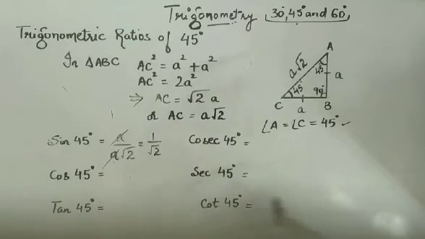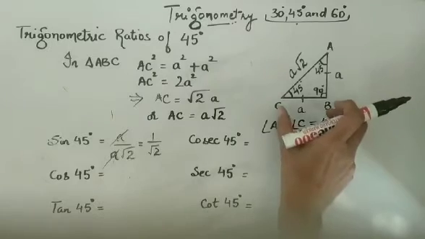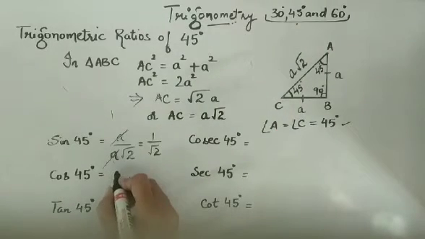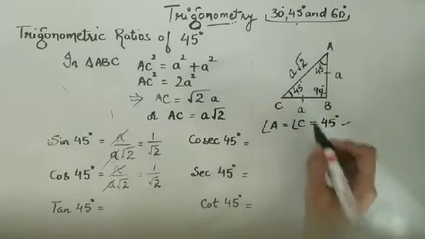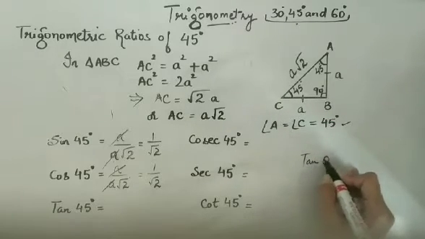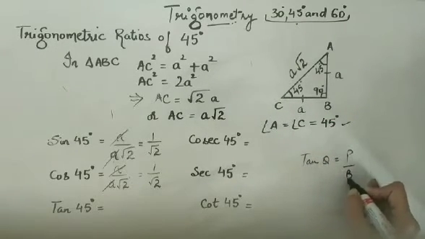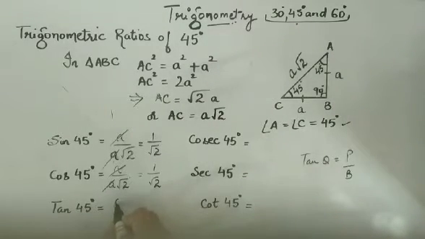Cos 45 is base by hypot. Base is A units. Hypot is A root 2. Cancel A and A. So this is also 1 by root 2. Tan 45. We know tan theta is P by B, perpendicular by base. Perpendicular is A units. Base is also A units. Both would cancel and it's 1.